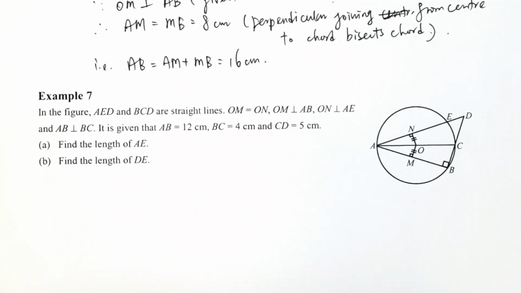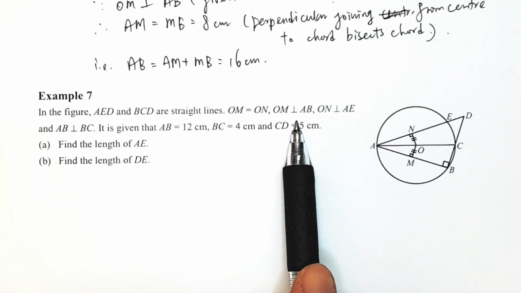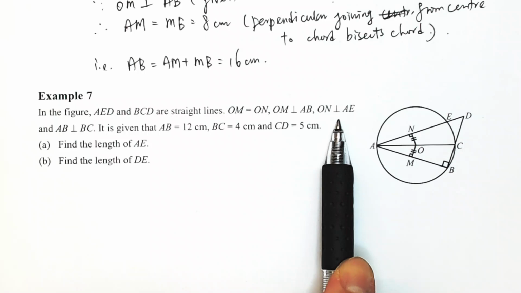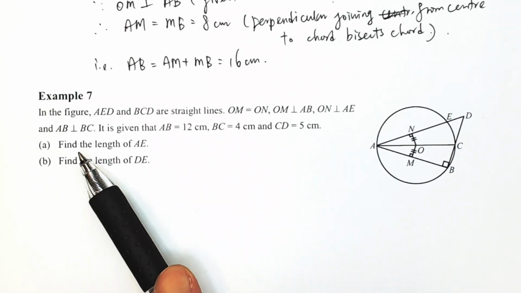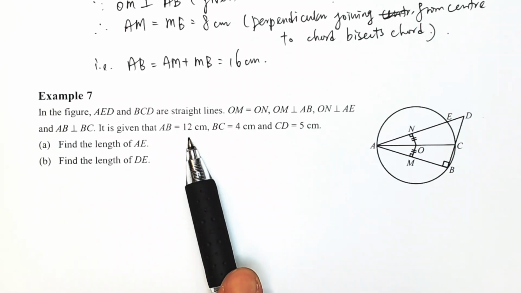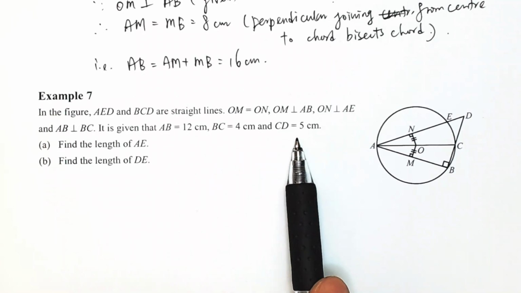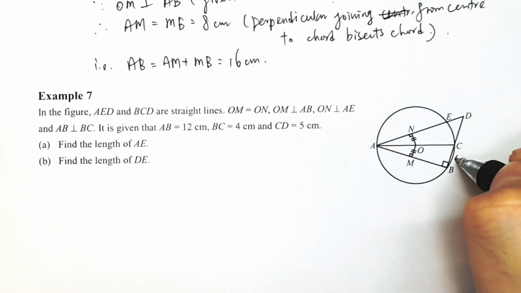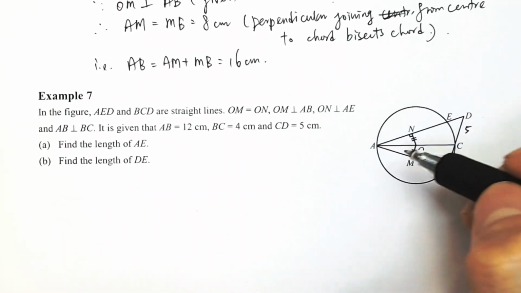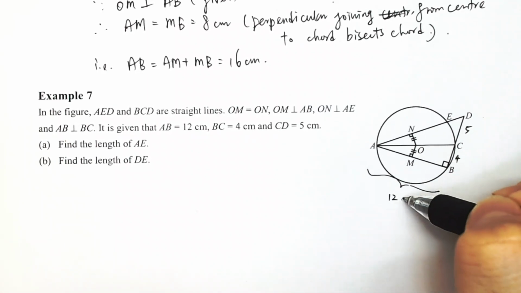Without any specification, O automatically is the center of circle. OM is perpendicular to AB, and ON is perpendicular to AE, and AB is perpendicular to BC. AB is 12, BC is 4, and CD is 5. So we have 4 here, 5 here, and AB is 12.